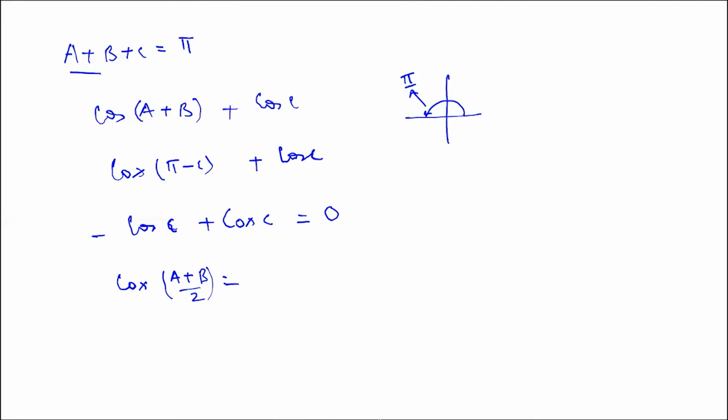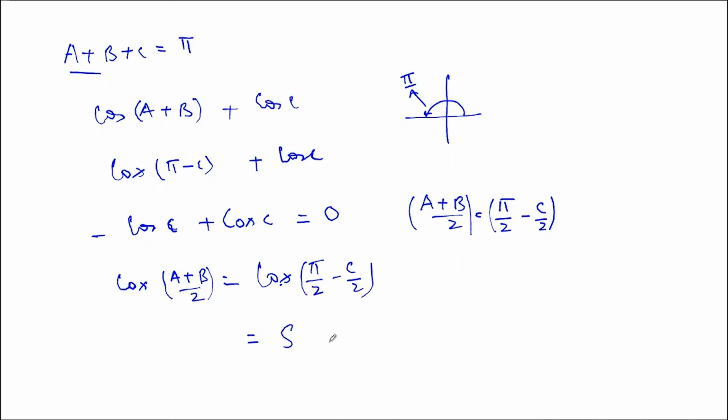So we can find a plus b by 2 is equal to pi by 2 minus c by 2, right? If I apply cos on both sides, this will be cos of pi by 2 minus c by 2, and this is sine of c by 2.